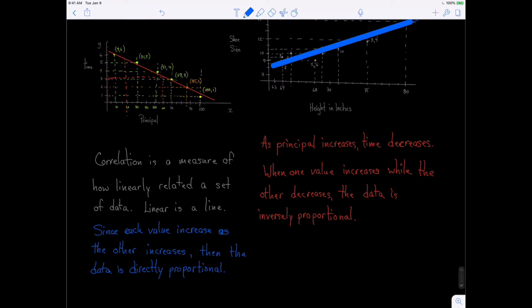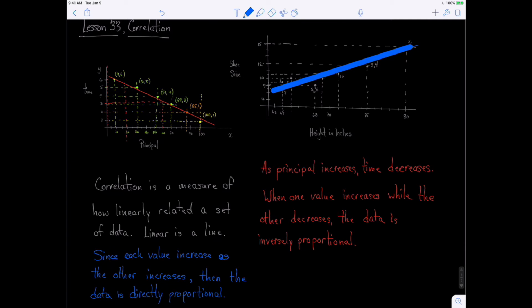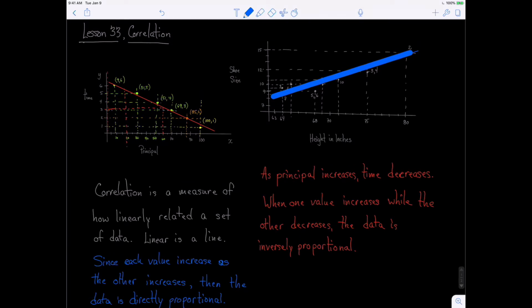Okay, now let's take a look at this. Correlation is a way of determining how well a line fits the pattern. And you can see here in the loan payments that the line fits really close to all those dots. And if you look over here, let's undo this big blue line and put a smaller blue line back.